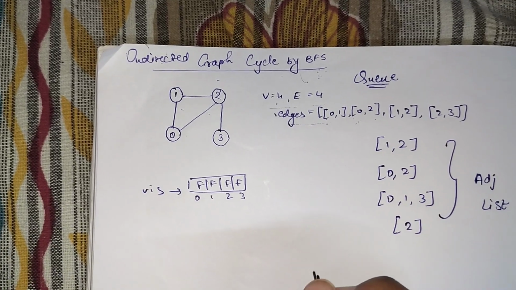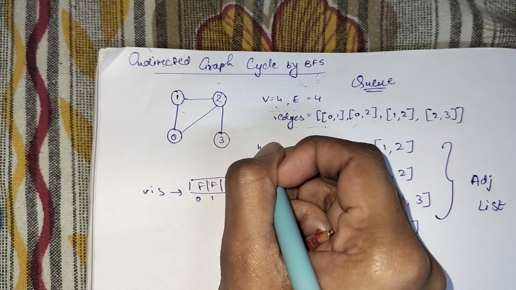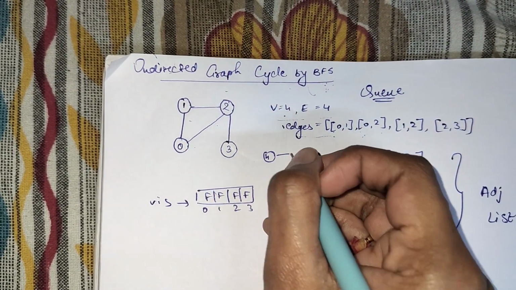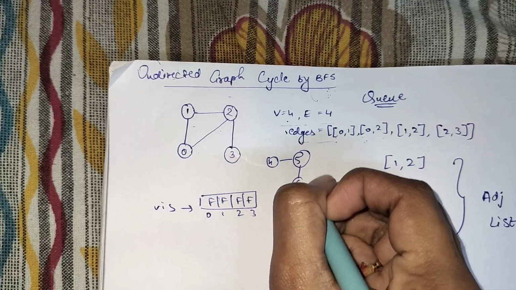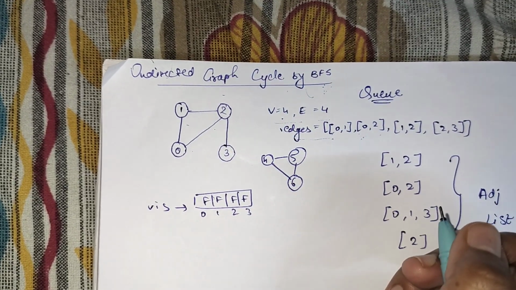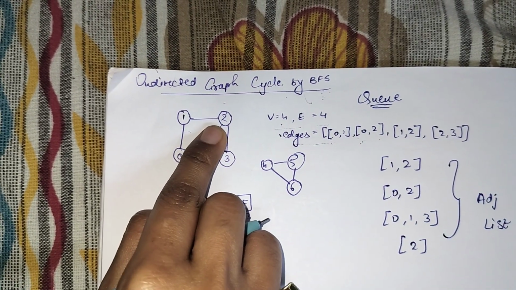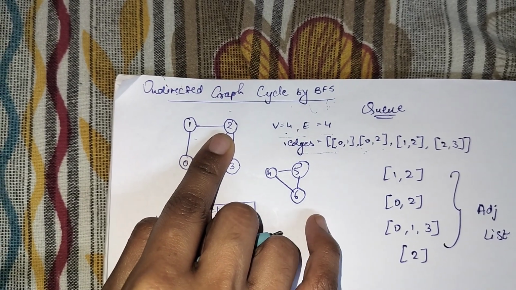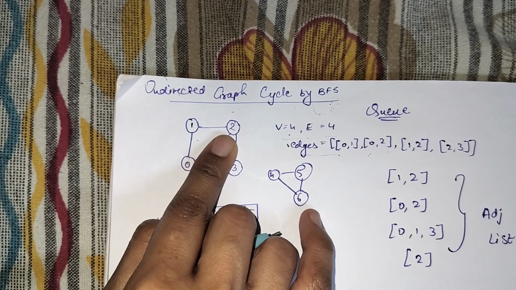So that if any node is present here, we traverse all, because it might be like this also. For example, this edge is not there and the graph is like this, 0 1 2 3 and 4 5 6. So in that case the cycle is in 4 5 6.